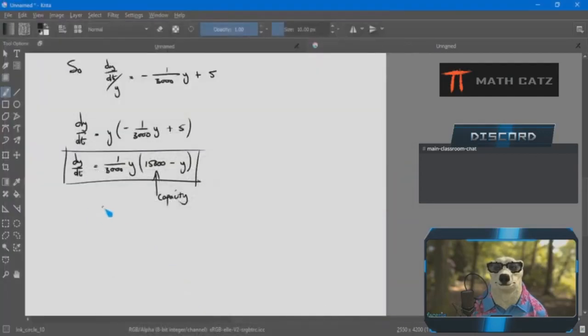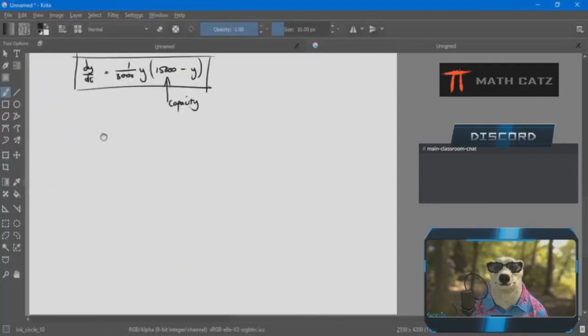Well, for that, I can investigate the growth rate versus the population size, because that is a parabola. So let's visualize that over here.